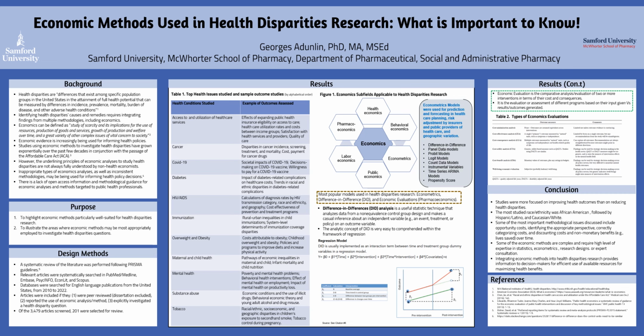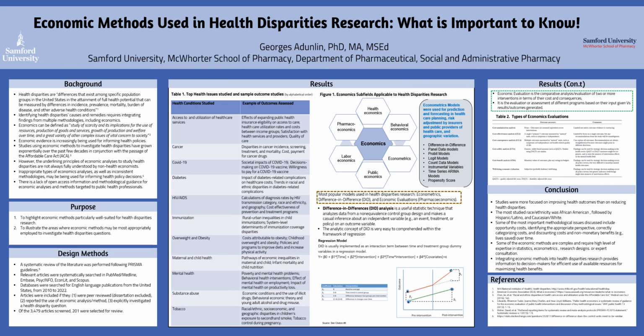Most of the studies assessed looked at different outcomes, including effects of expanding public health insurance eligibility, disparities in cancer incidence and screening, societal impact of COVID-19, impact of diabetes-related complications on healthcare costs, costs attributable to obesity, poverty and mental health problems, economic conditions, and the use of illicit drugs, as well as racial, ethnic, socioeconomic, and geographic disparities in children's exposure to secondhand smoke.